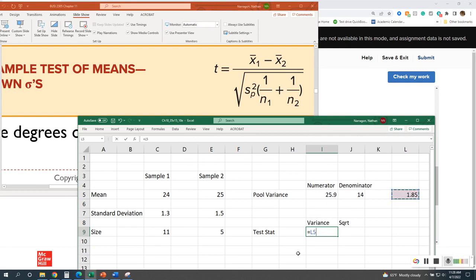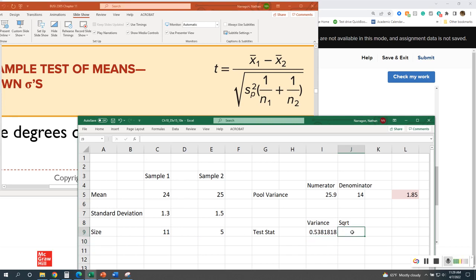Alright, so we know for the variance, or what's going to be inside the square root, is our pooled variance. So that's why we have to figure that out first. And it's going to be multiplied by 1 divided by sample size 1 plus 1 divided by sample size 2. Okay. So enter.